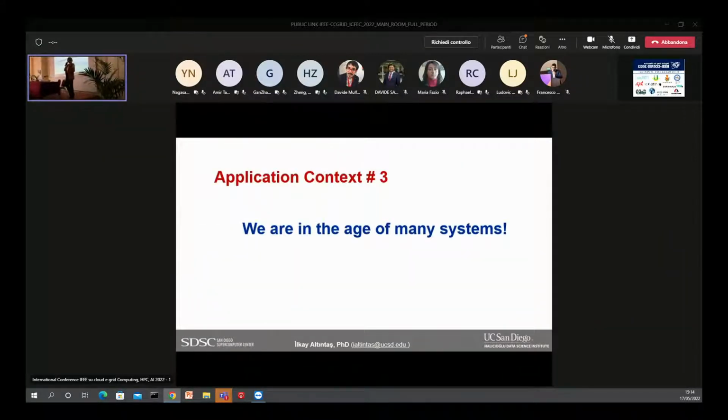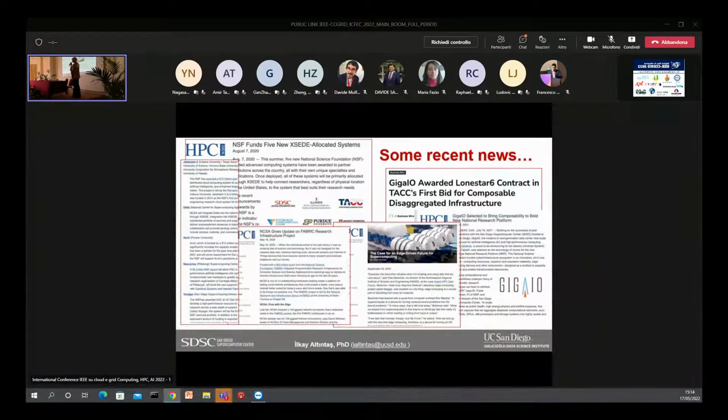Third, related to it, we live in a many systems world. I just put some recent news from HPC Wire. Just go in there and look for those news, but just to give a few. The first one is 5 new XSEDE allocations. XSEDE is our integrated collaborative environment to have systems available to researchers. One of these is on high performance cloud computing, and 4 of them are new architectures for doing AI.